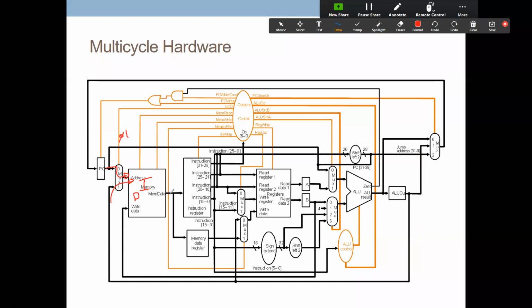Now, because any instruction will last multiple cycles, you need to preserve the actual code of the instruction. So we created two registers. One is called IR, the instruction register. Once we read the instruction, it is stored in this register. This is just a simple 32-bit register that stores the whole instruction, from bit 0 to 31.